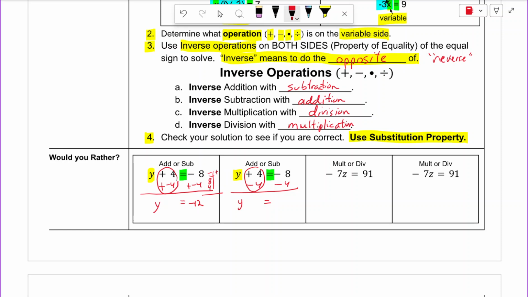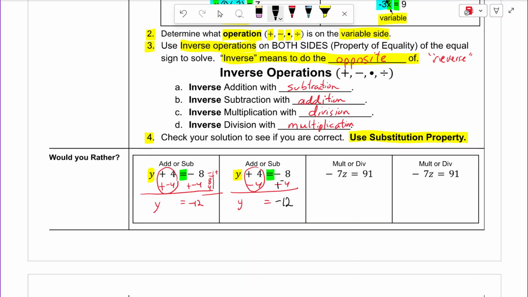And -8 minus 4 looks a little bit stranger, but you could use the additive inverse right here. -8 plus -4 is -12. That's another way to take care of it.